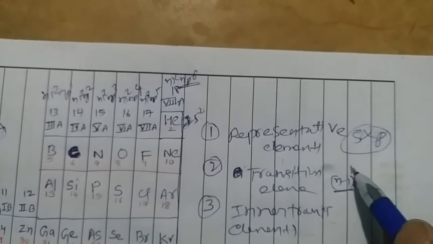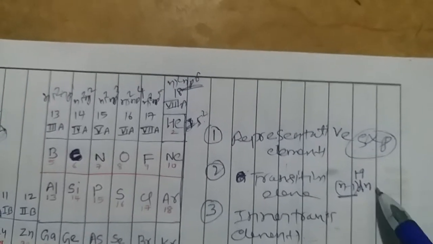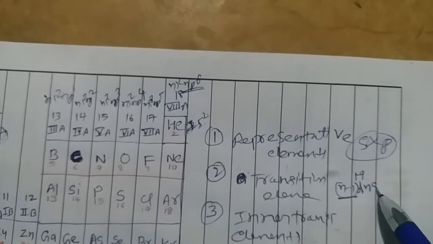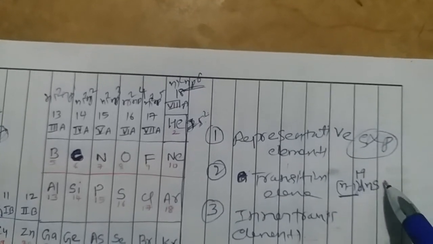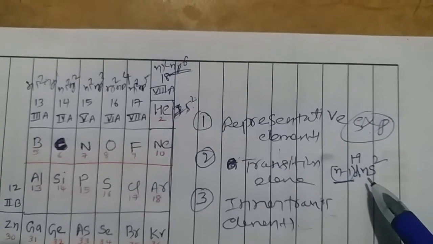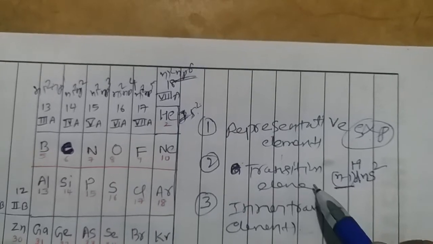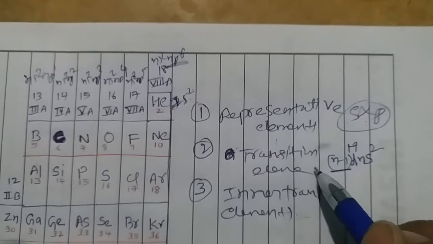The transition elements' general electronic configuration is ns1 or 2, (n-1)d1 to 10. All transition elements are D block elements only.